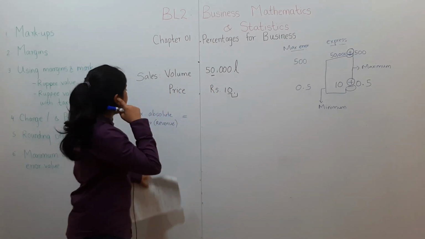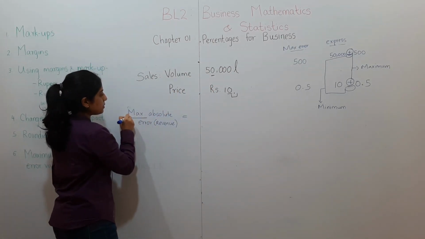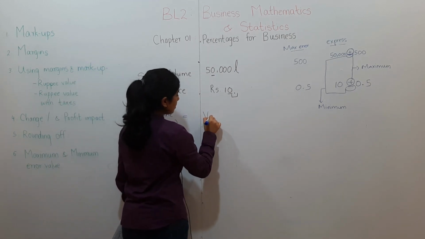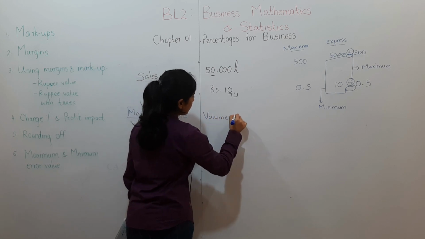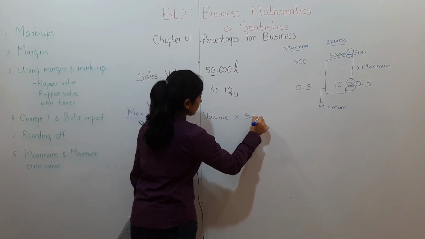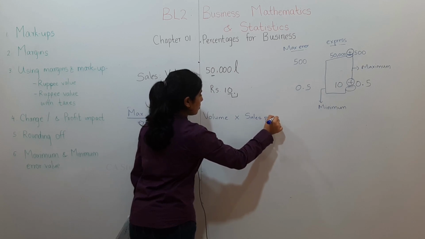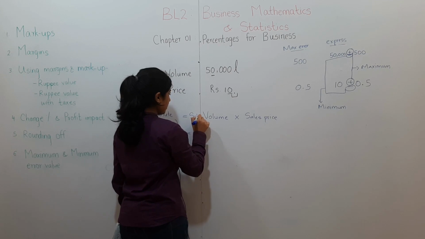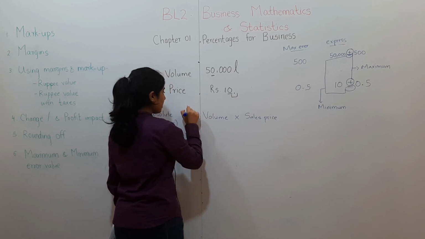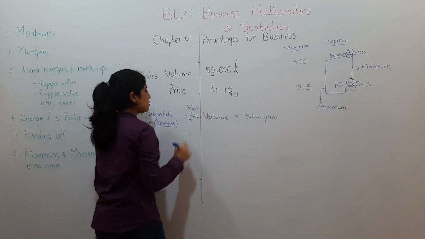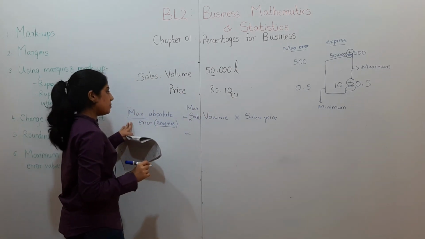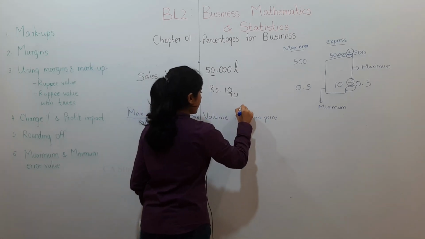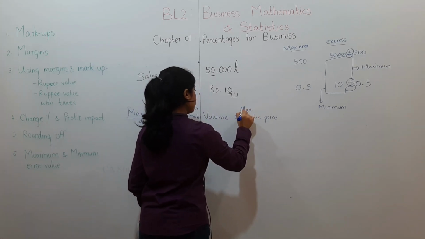Now, we need the maximum absolute error for revenue. How to calculate revenue? Sales volume multiplied by sales price. You must find the maximum sales volume because you want the maximum absolute error, and the maximum sales price.